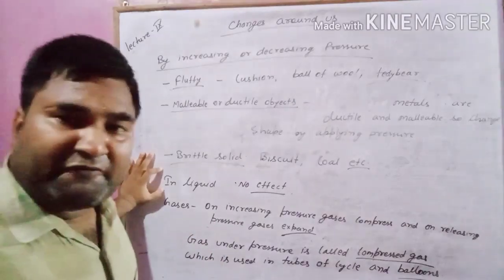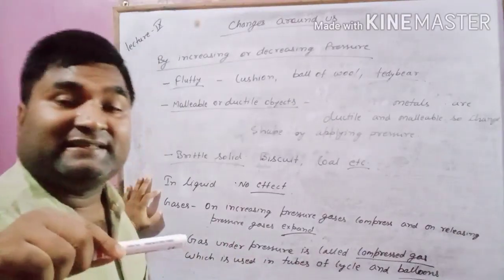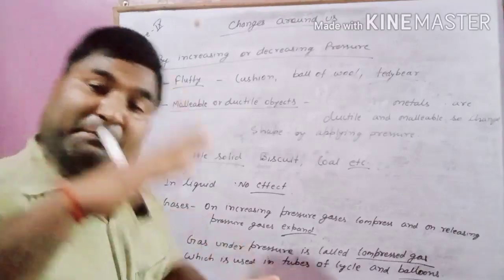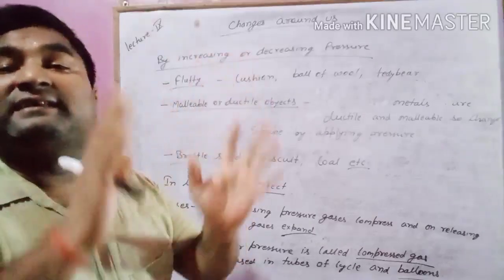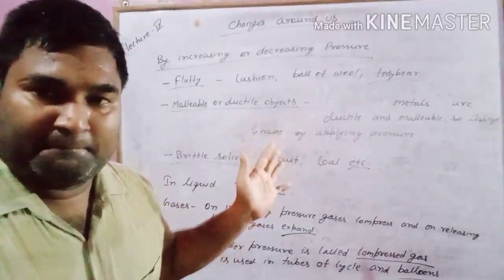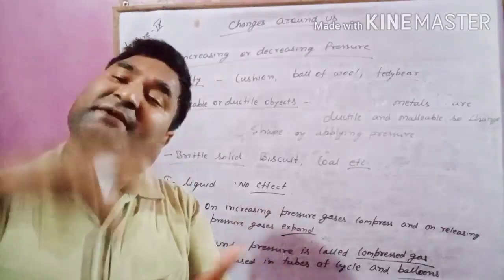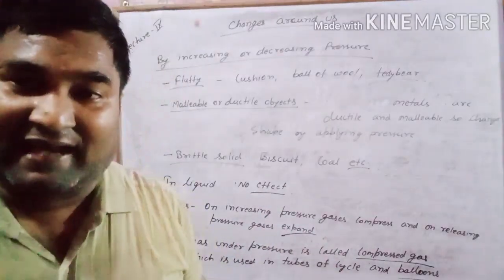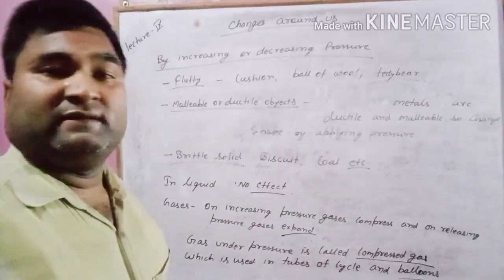In liquids, there is no effect of pressure. In gases, if pressure is increased, the gas gets compressed, and if pressure is released, the gas expands. Gas under pressure is called compressed gas, and it is used in the tubes of cycle and balloons.